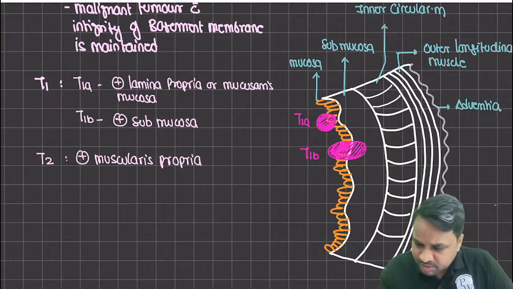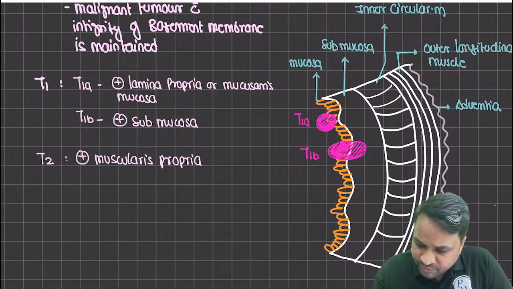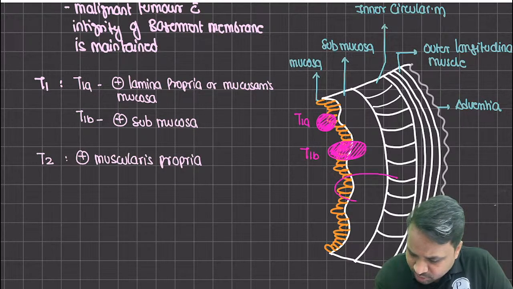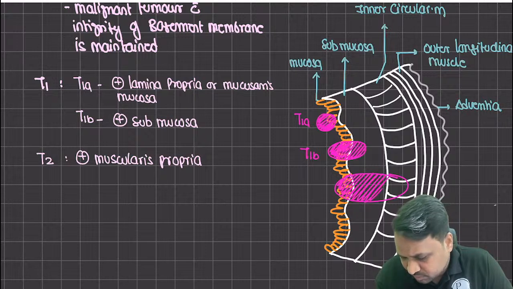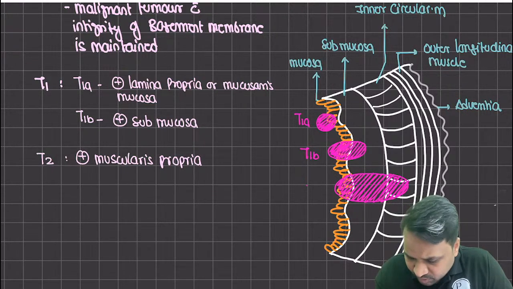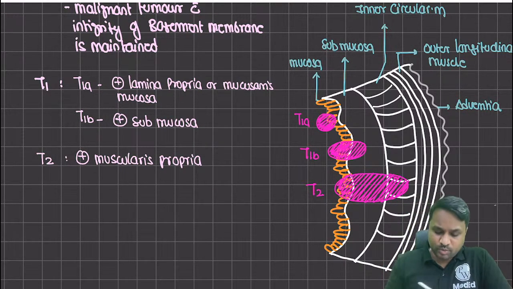If it is involving the muscularis propria, if it is invading the muscularis propria, this is your T2 disease.